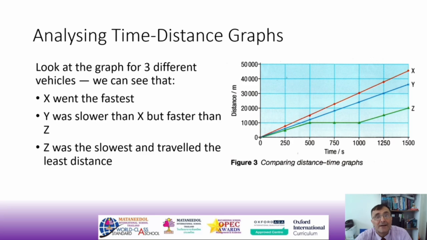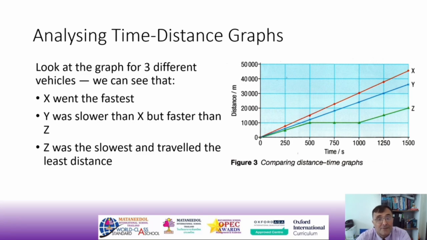And if we look at this distance time graph, we can see that the red line X has the steepest gradient, so it was going the fastest. It was also going at a constant speed all the time. Y was going slower because the blue line is not quite as steep, and then finally Z was the slowest.